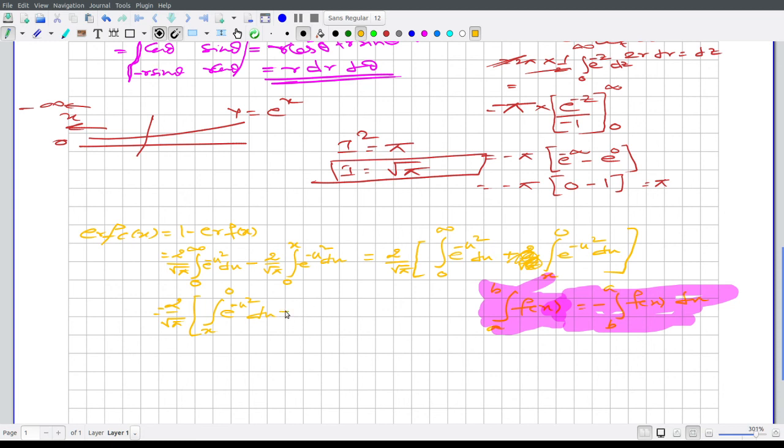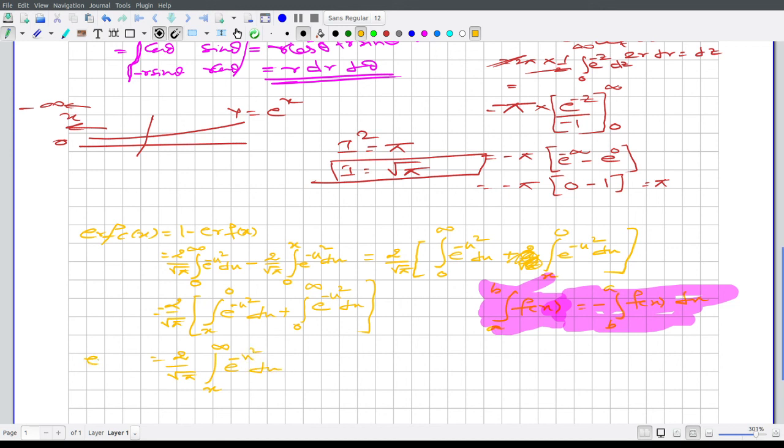Then after it should be plus 0 to infinity e to the power minus u square du. Now x to 0 and 0 to infinity, so it should be simply written as 2 by root pi, x to infinity e to the power minus u square du.